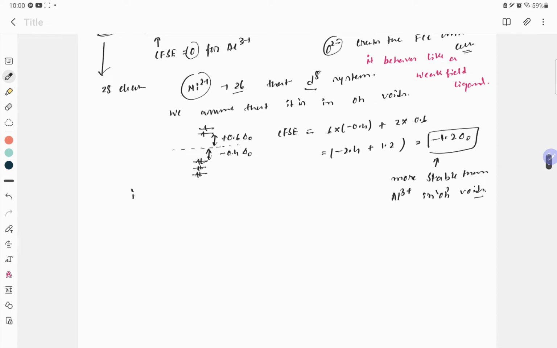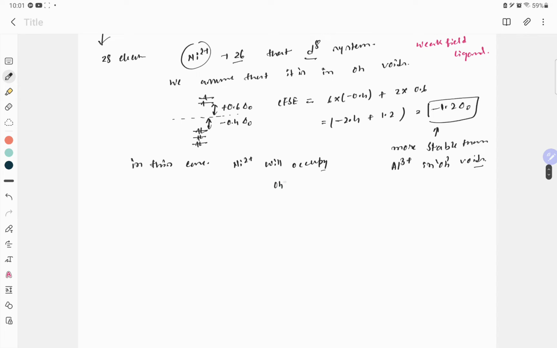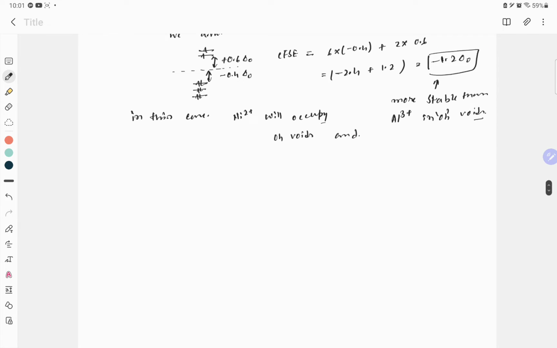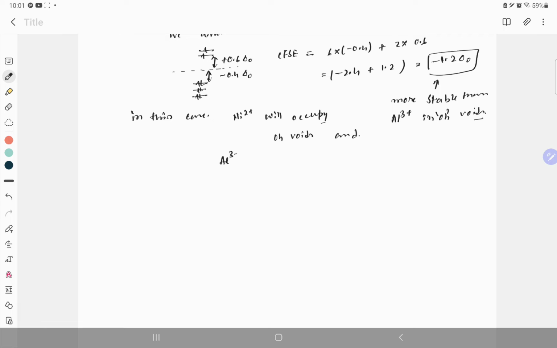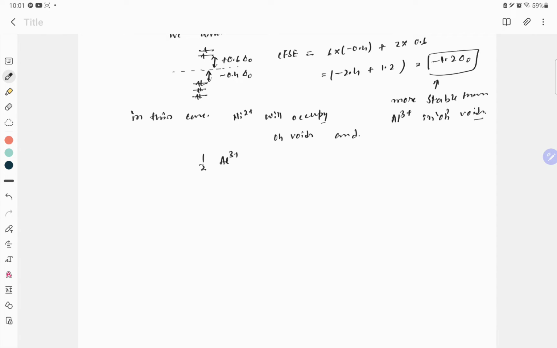Hence in this case Ni2+ will occupy octahedral voids and half of the Al3+ will occupy tetrahedral voids.